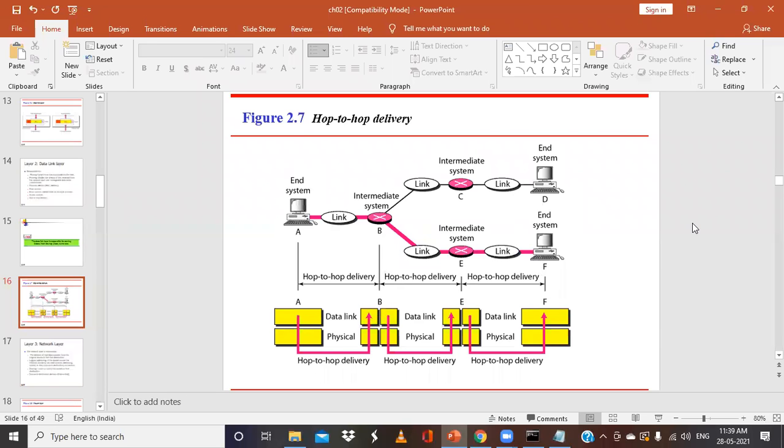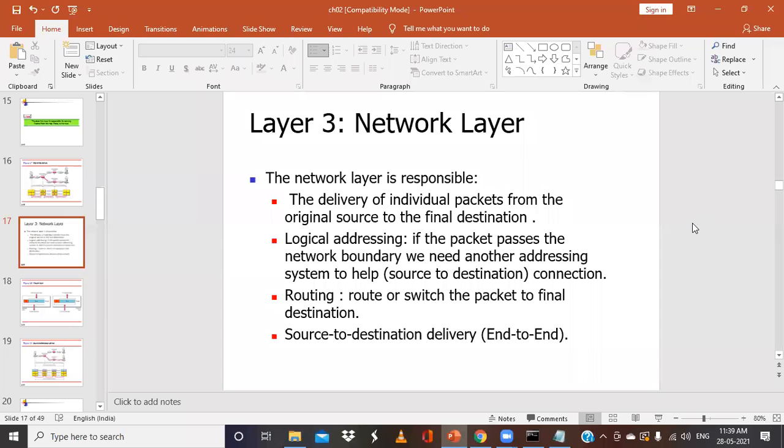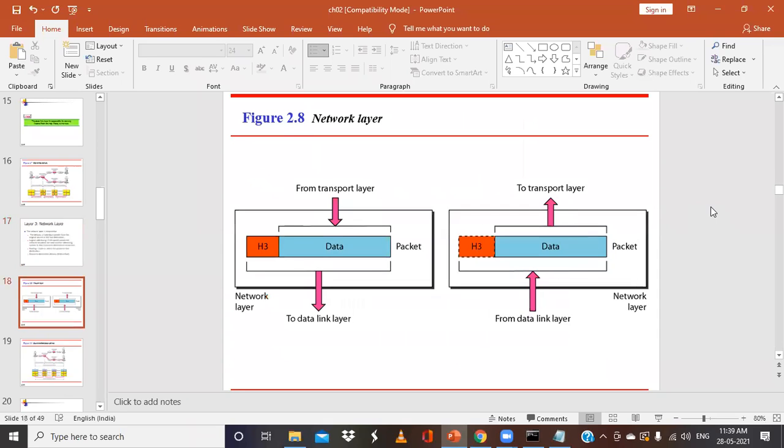But in the case of the network layer, it is source to destination delivery. So if the data is not transmitted from the source to the original destination machine, there can be a problem, and the layer working at the source machine will be responsible.